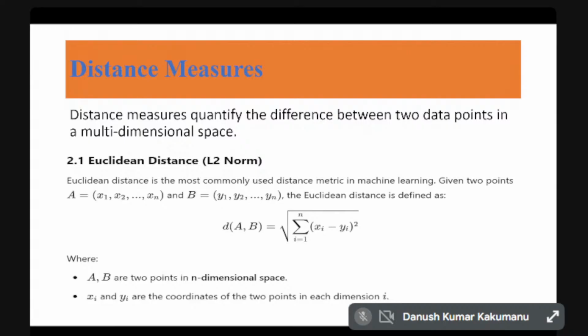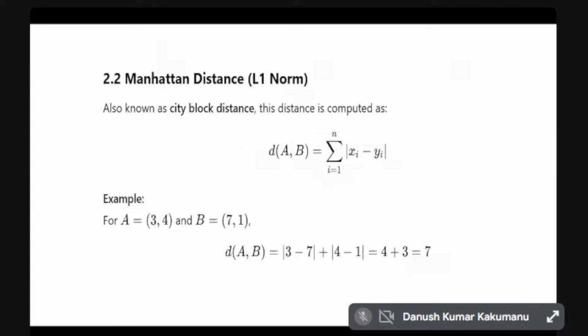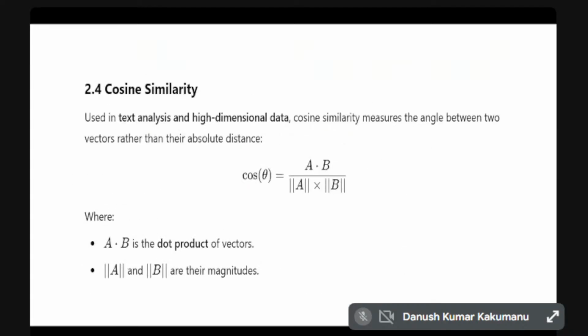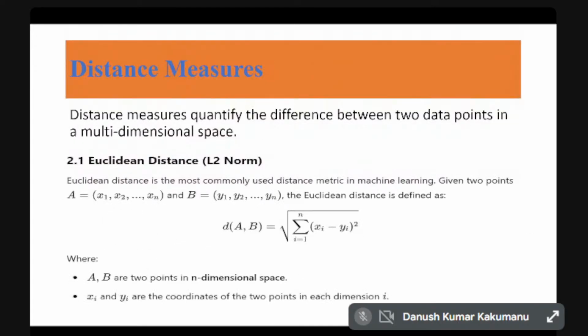The first distance measure is Euclidean distance. I will tell 4 types, 4 formulas, and we will solve with two values: one is my value, the second one is your offered value.